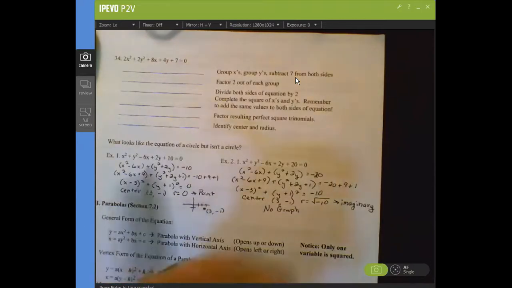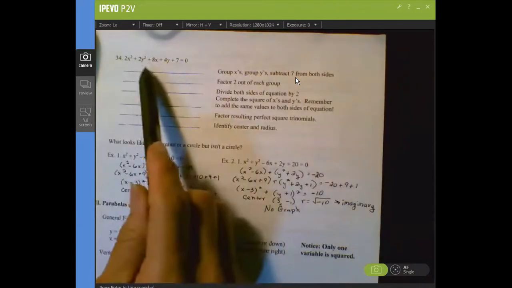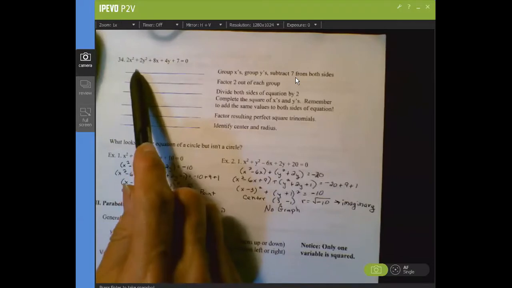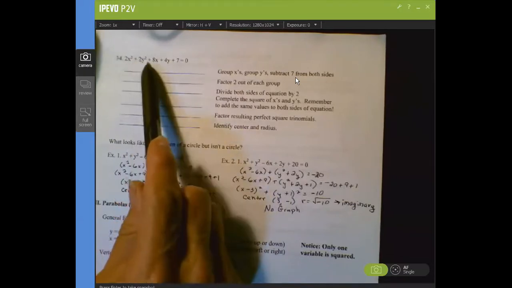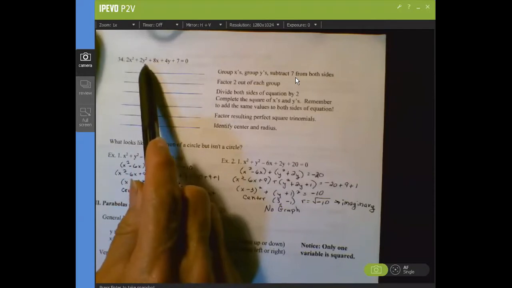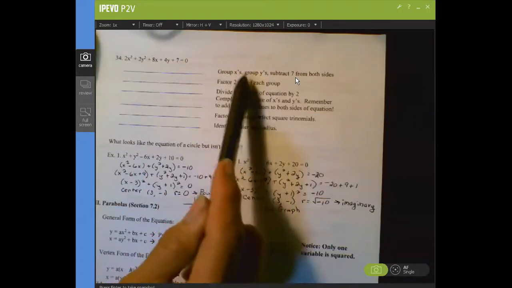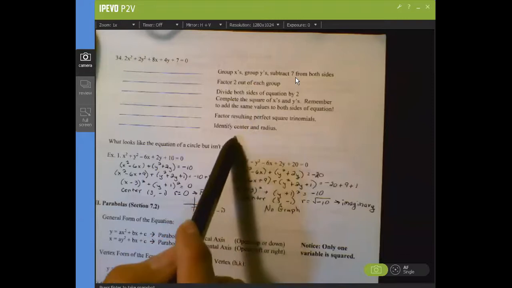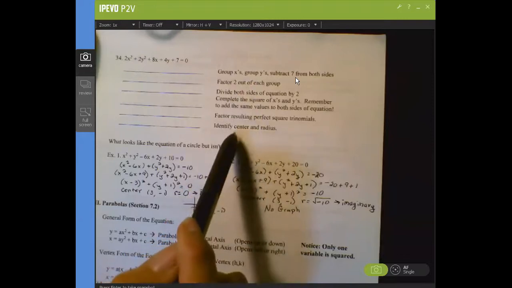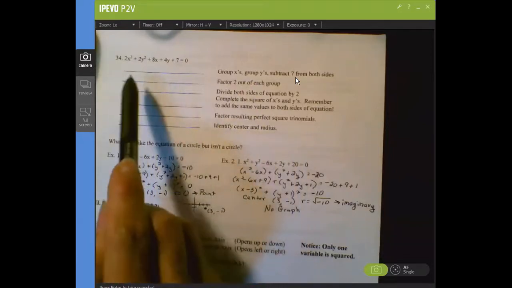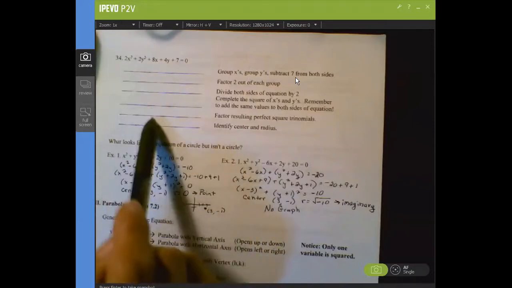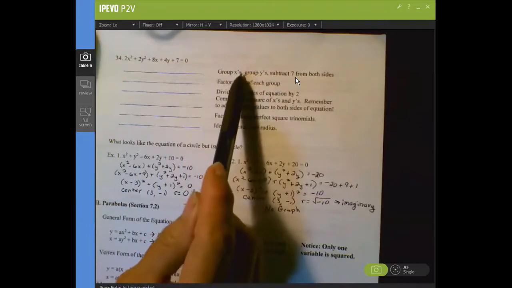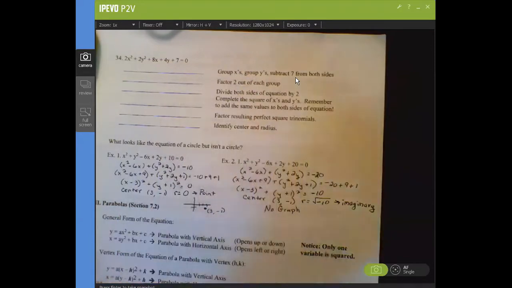The thing that made number 34 just a little bit harder to complete the square was that you had to get both of these coefficients being 1 before you could complete the square. That's why I wrote out to the side the exact steps, because if we were in class, you would write down everything I had on each line, but you wouldn't have any words to tell you what I did if you go back and look at your notes 24 hours from now.